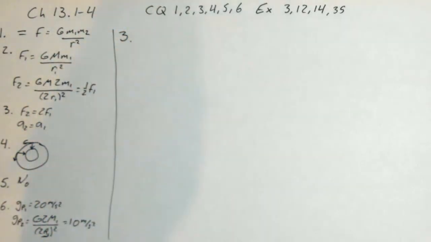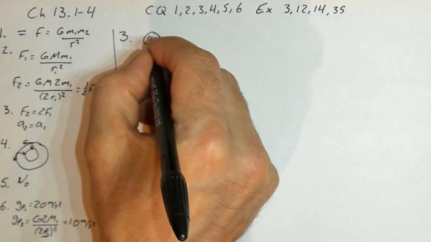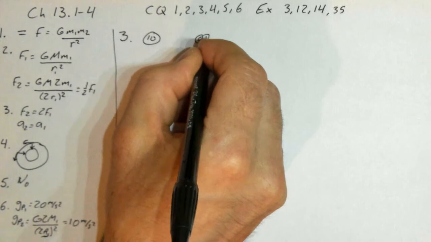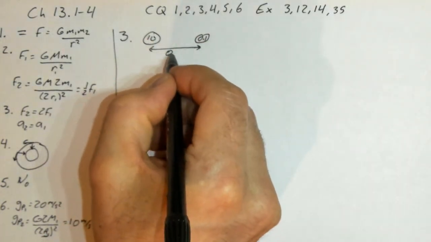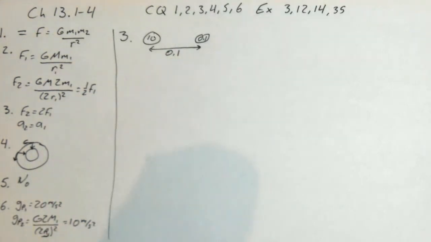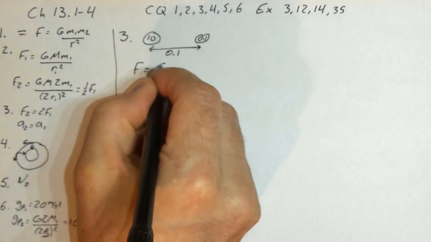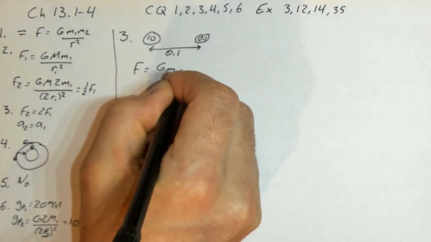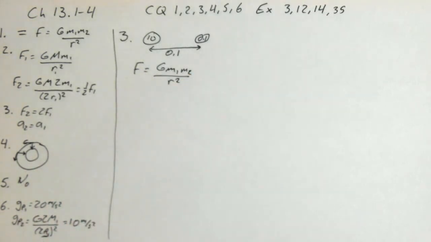Exercise 3. We have 2 lead balls. We have a 10 kilogram lead ball, and a 0.1 kilogram lead ball, and they're 10 centimeters apart. The question is, what is the gravitational force between them? Well, we're going to apply our universal law of gravity, which gives the gravitational force between any 2 objects with mass.